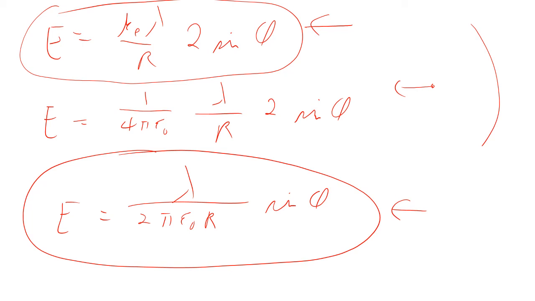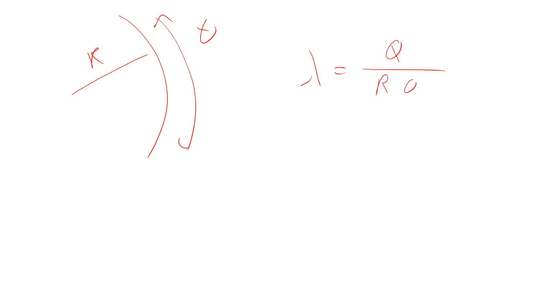Now, remember, what is lambda? Lambda is going to be the charge divided by the arc length. So if this thing here is some radius r, and if that's some theta, then lambda would be equal to the total charge divided by the length. The length is going to be r times theta.